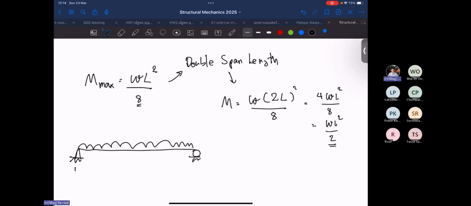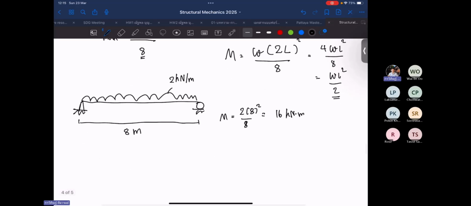For example, an architect would like to have a very long beam, let's say 8 meters in span, and we have a load of 2 kilonewton per meter. So the maximum bending moment is equal to 2 multiplied by 8 square divided by 8, which is 16 kilonewton meter. This is the maximum bending moment of the 8 meter beam span.